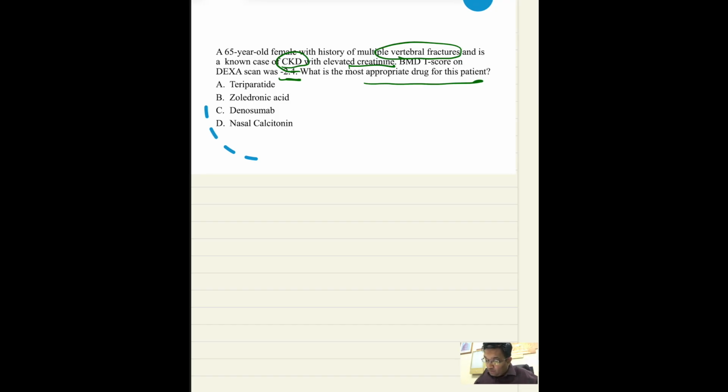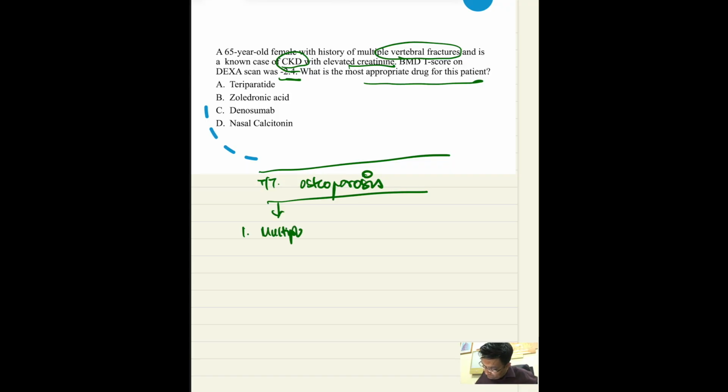So we are talking about when do we treat for osteoporosis. Osteoporosis treatment should be initiated, number one, when there are multiple fractures or fragility fractures, or even a single fracture.